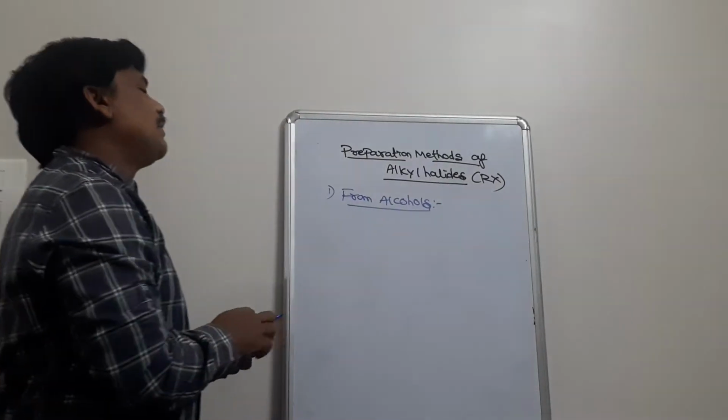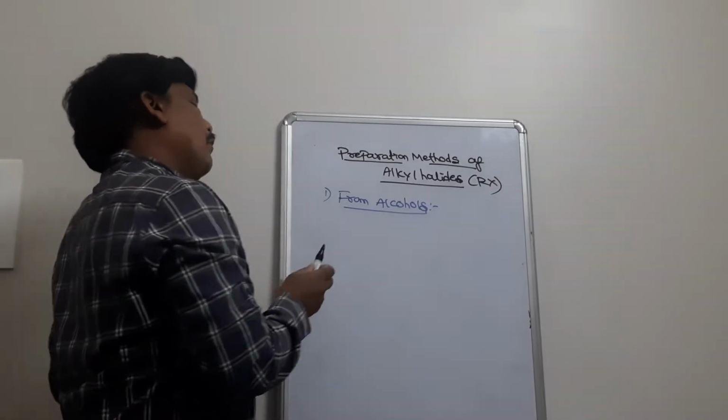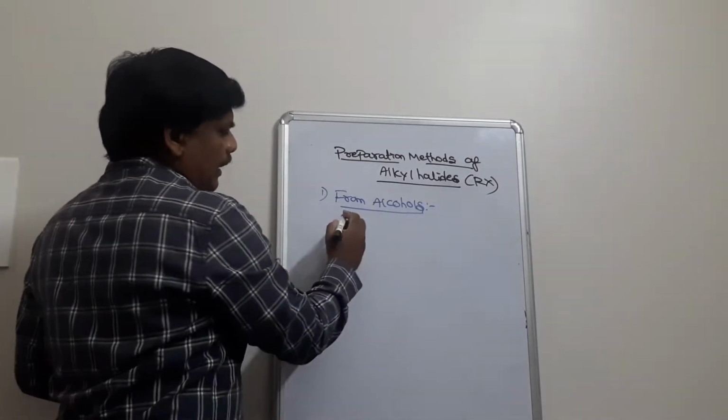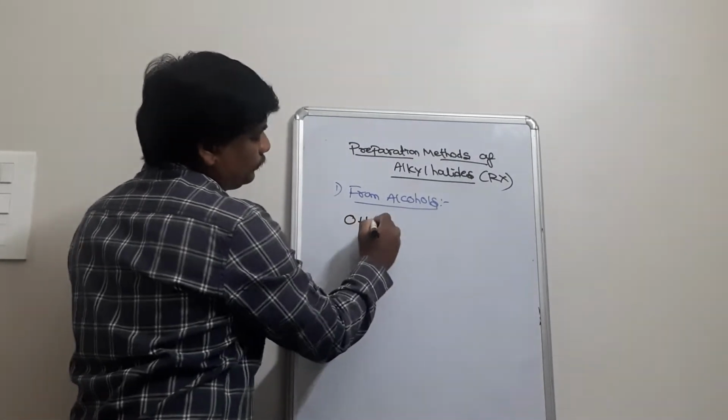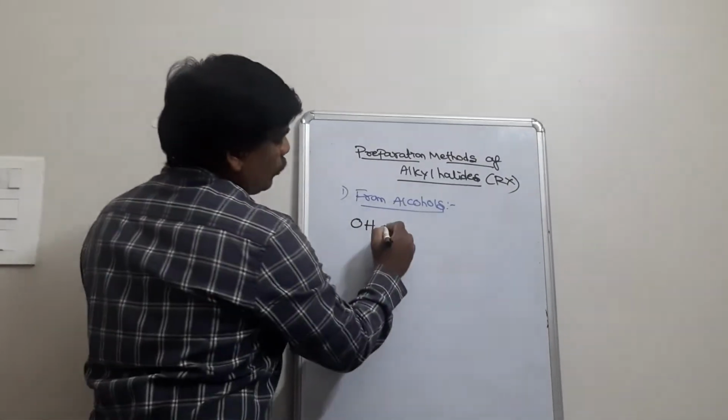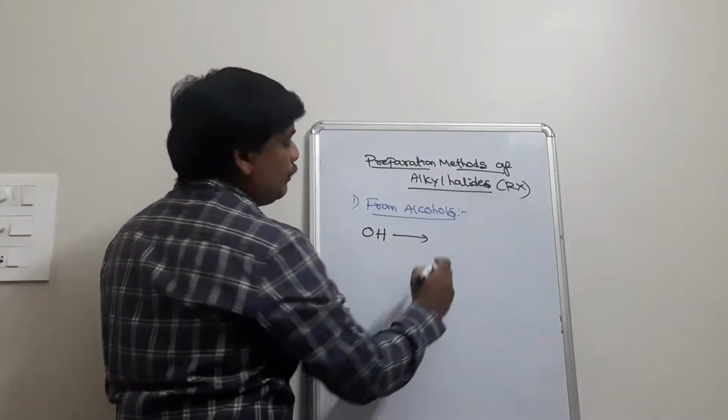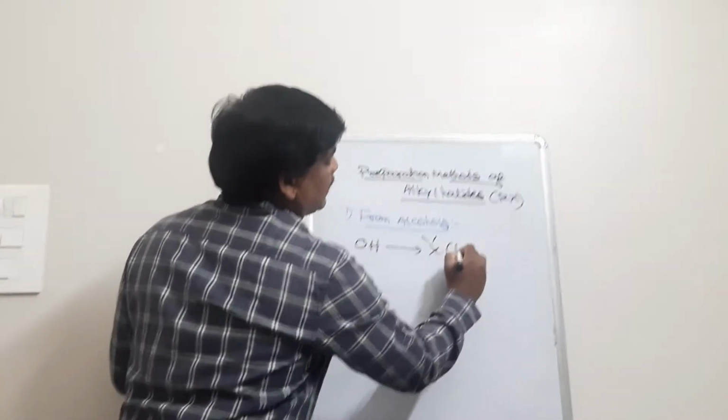So what is the principle involved in this? In the case of alcohols, the OH group, that is the hydroxyl group, is replaced by X, that is halogen.